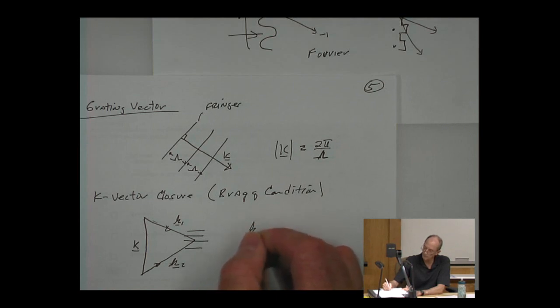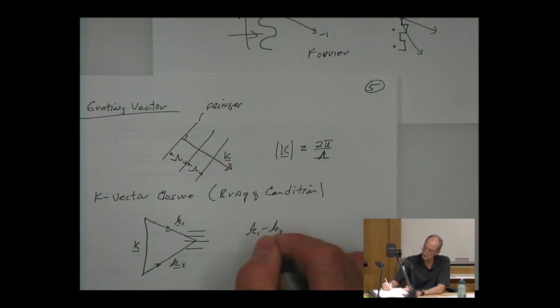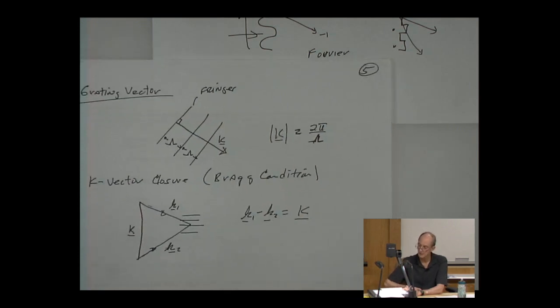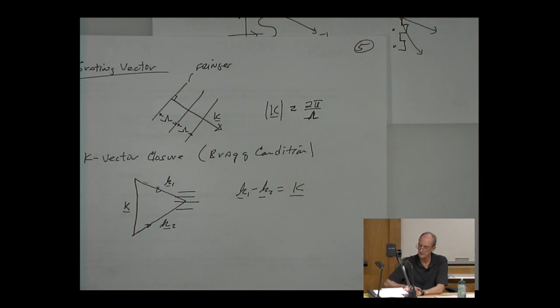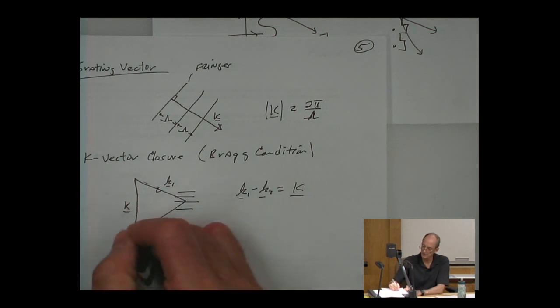So we have k1 minus k2 is equal to K. The difference between those two propagation vectors gives us the grating vector.